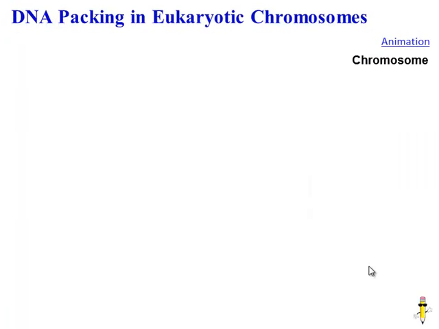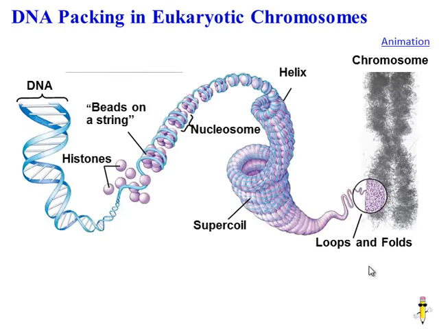So the first method is DNA packing into chromosomes. If you take a look at a chromosome, it's actually quite complex at the level of DNA. So let's start over here. Here's DNA, our double helix. In order to get DNA to fit nice and neatly inside the nucleus, this DNA is going to wind around histone proteins, like this, and it looks like beads on a string.